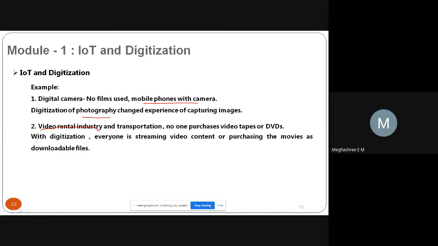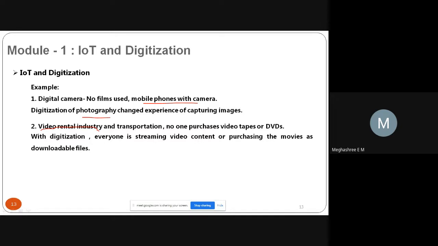But that is not the case today. If you want to watch any movie, you will pay some amount and you can download it from the internet. There are many applications also, like Prime Video, Netflix and many other apps, where video or movies will be streaming.